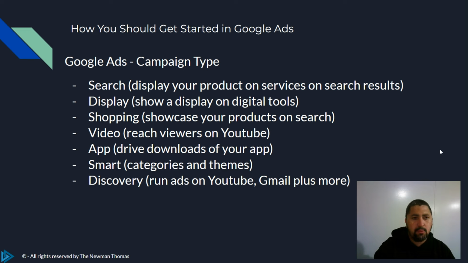Now, another one which is quite new to Google is the smart campaign type. What this is, instead of you coming up with the different keywords for your ads, you just enter the different categories or themes for your ads.